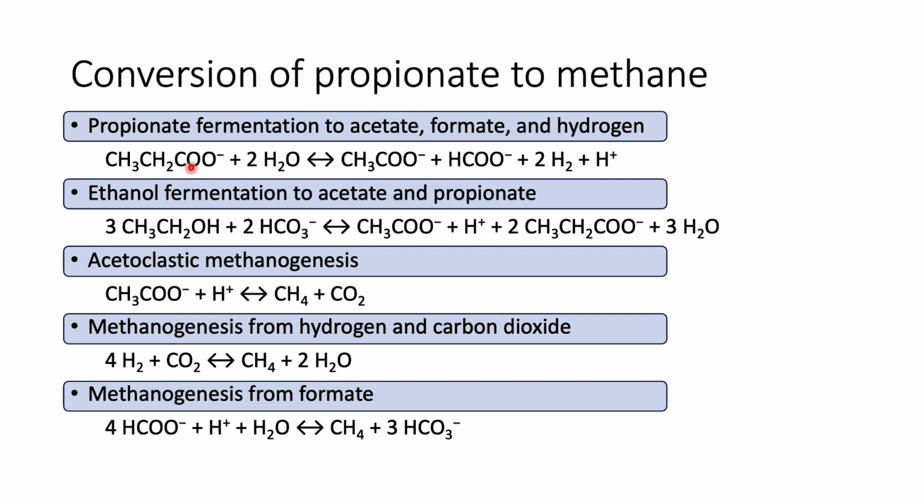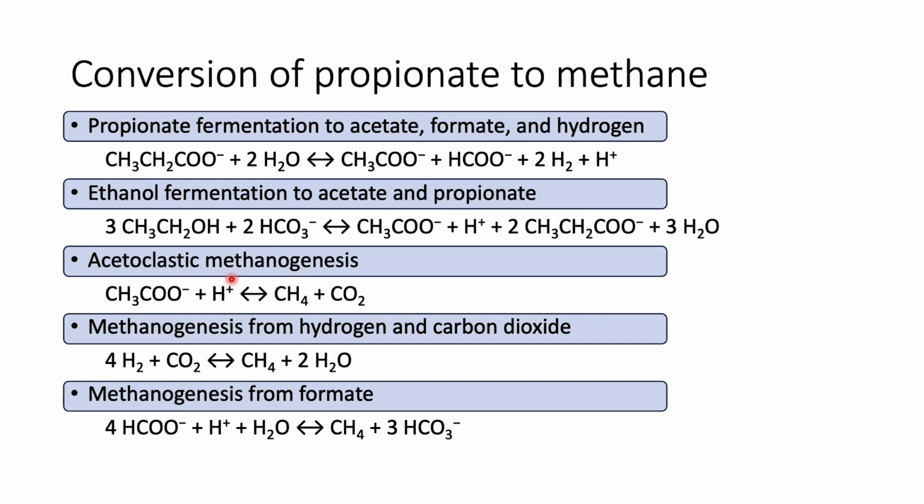The propionate salt reacts with water to give acetate salt and formate salt, and 2 hydrogen atoms and H+ ions are produced. Then another step is the ethanol fermentation reaction, because these are all reactions we had seen in the degradation products. So what is the ethanol fermentation reaction? Ethanol reacts with bicarbonate anion to give the acetate anion plus H+ ion, and propionate is formed, plus 3 water molecules.